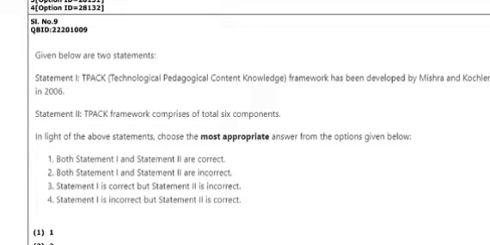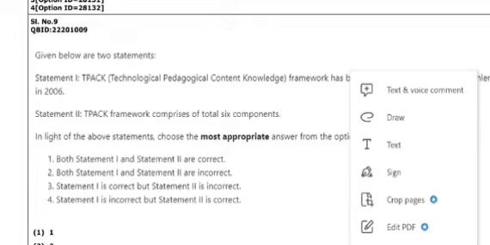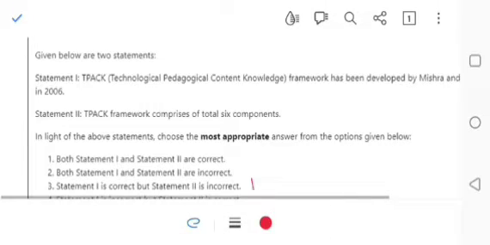Now, in light of the above statements, we have to choose the most appropriate answer from the options given below. Number 1 says both statement 1 and statement 2 are correct. Number 2 says both statement 1 and statement 2 are incorrect. 3 says statement 1 is correct but statement 2 is incorrect. 4 says statement 1 is incorrect but statement 2 is correct. So the correct answer will be number C. Statement 1 is correct but statement 2 is incorrect.